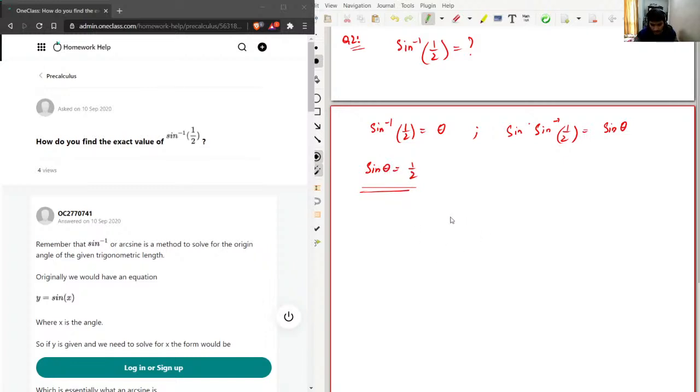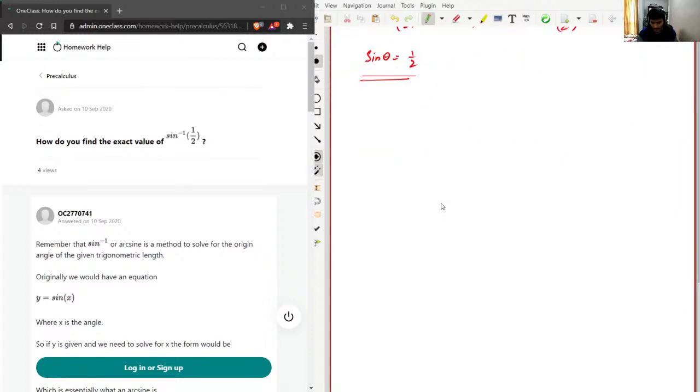So one thing I can do is draw the curve of sine. Let's just draw this line. So sine 0 is 0, and sine 90 is 1.